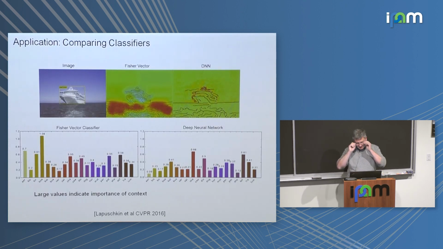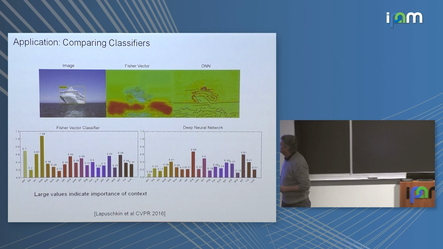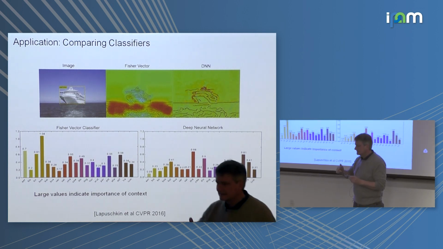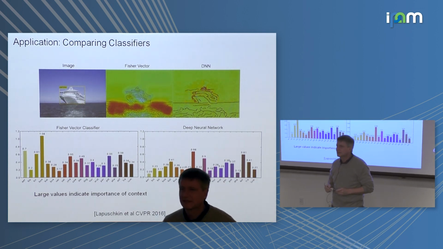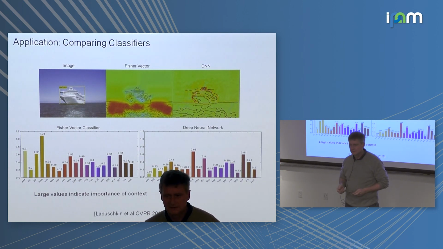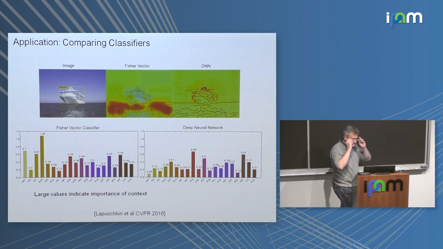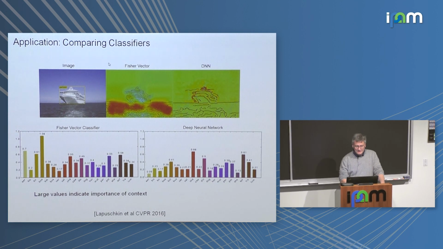But we can also do some more interesting things. So there are some data sets around where you have the image and which comes with a bounding box. So you can actually ask the question, is a certain method looking at the object or not? And so you can see that, for example, one classifier basically classifies boats because of the water, and the deep model doesn't do it because it looks at the boat itself.